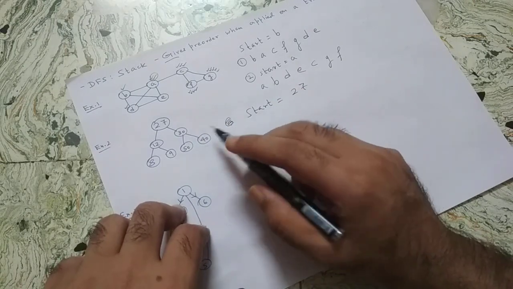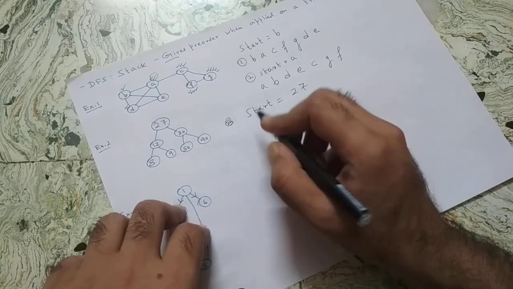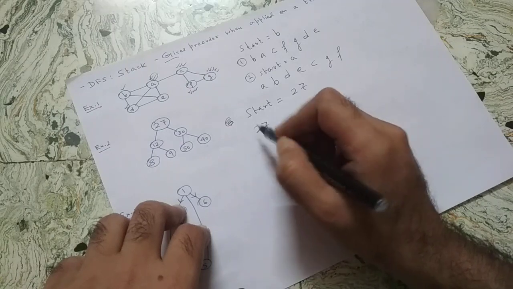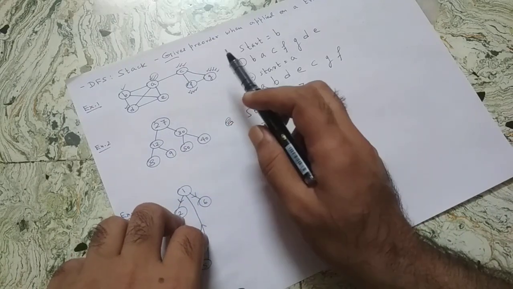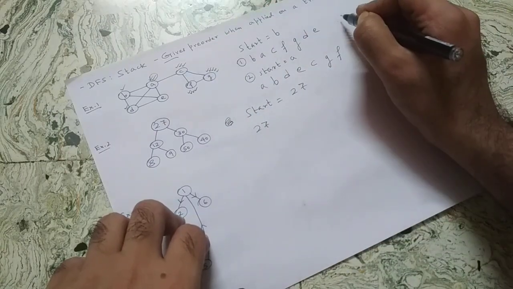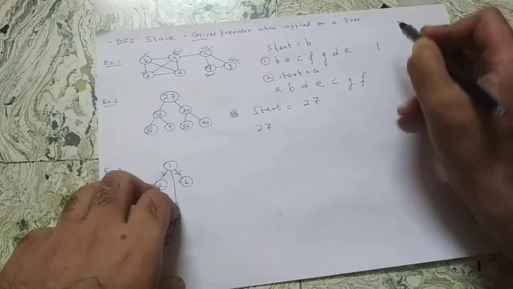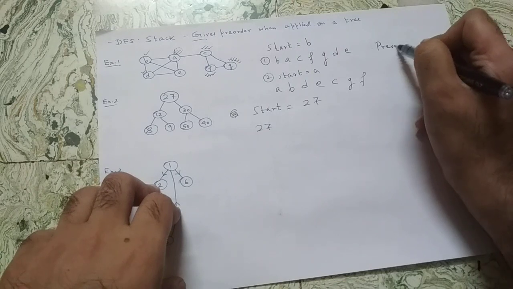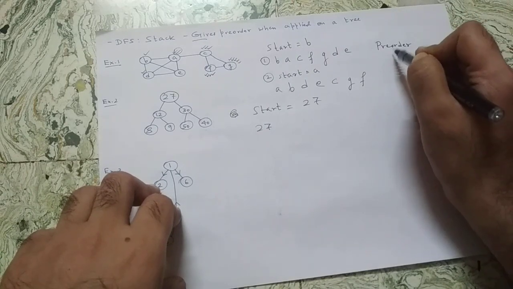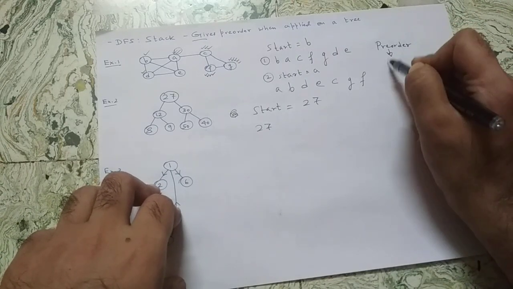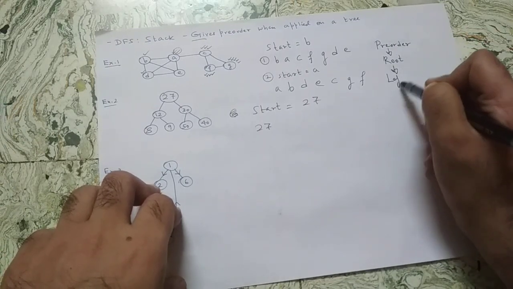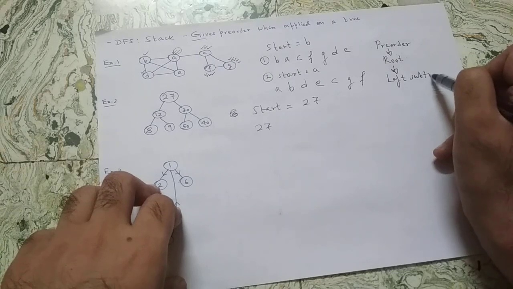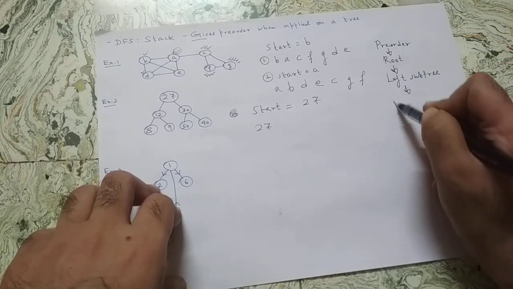Now I'll start exploring the root. So what will I do? I'll visit the root. I'll suspend its exploration and move on to an adjacent vertex. Now, if you remember pre-order traversal, pre-order is given by root followed by left subtree followed by right subtree.